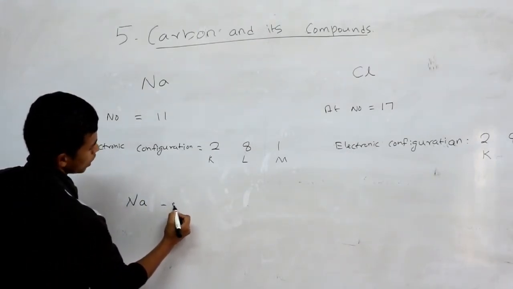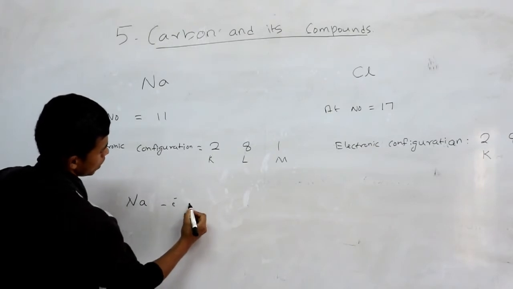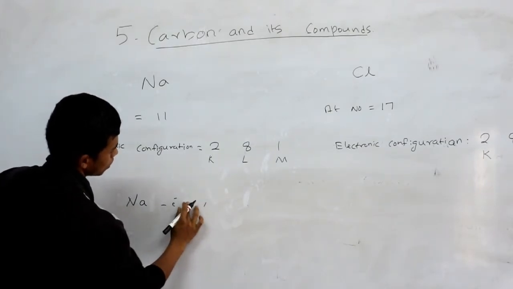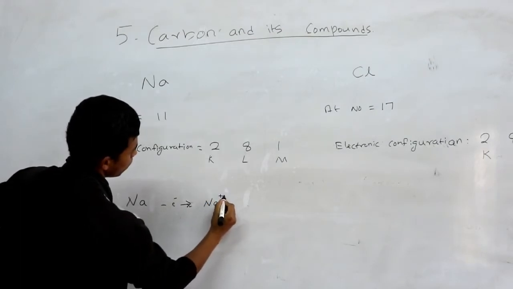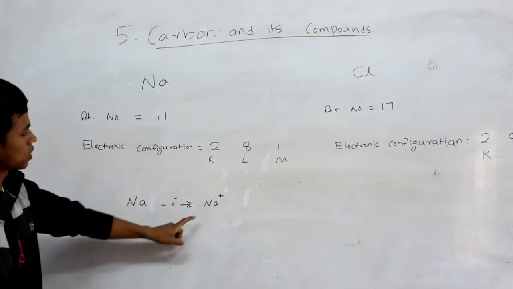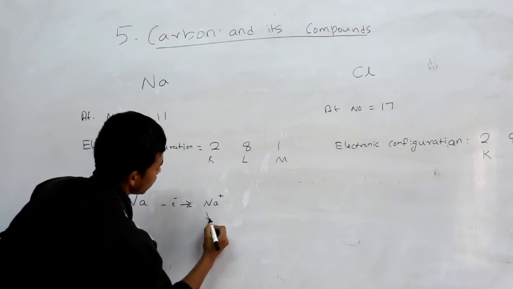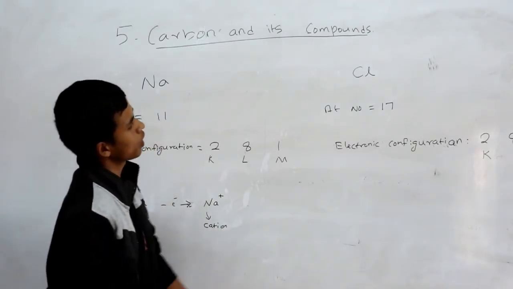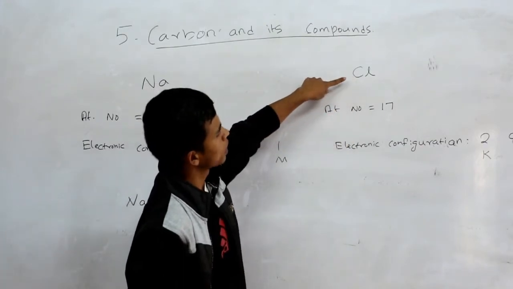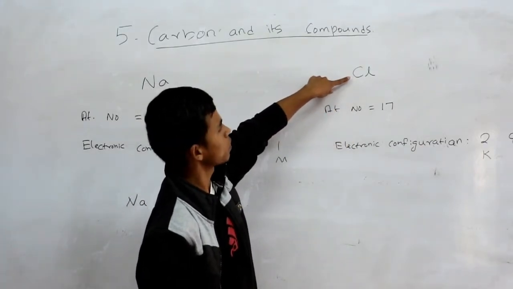If sodium loses that 1 electron, it will become Na plus, that is, a cation. Whereas chlorine is an electronegative element.